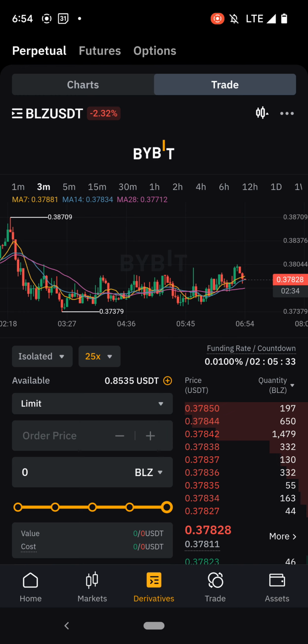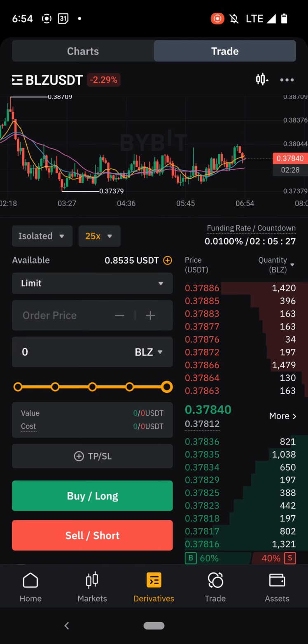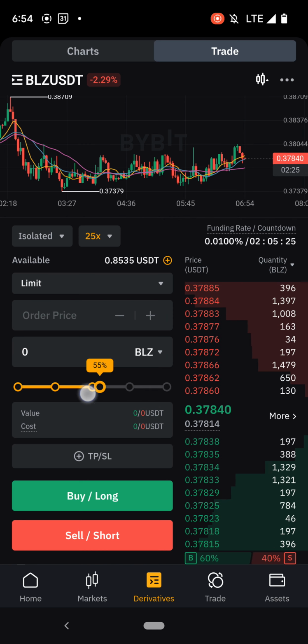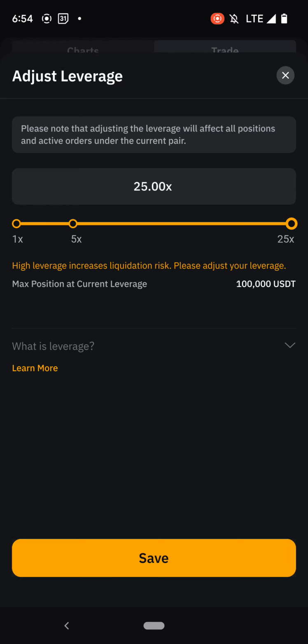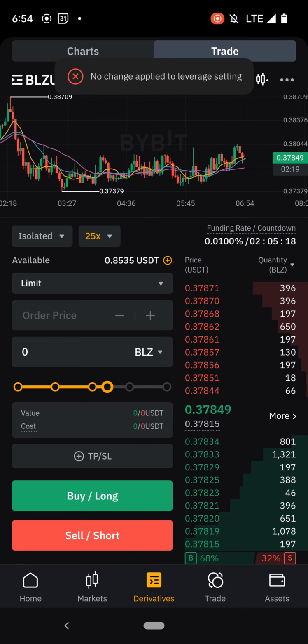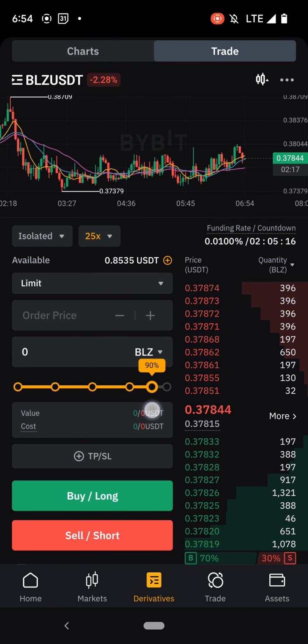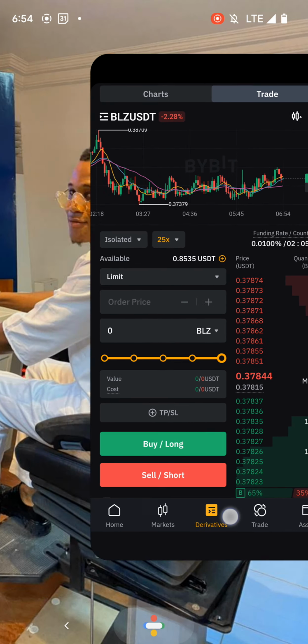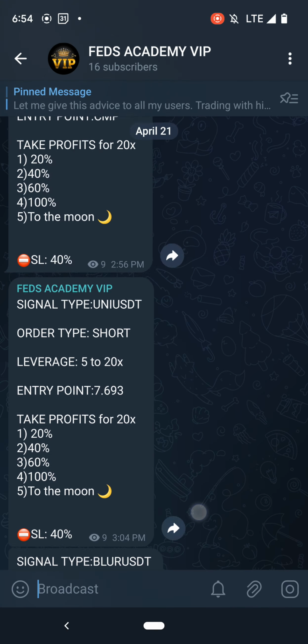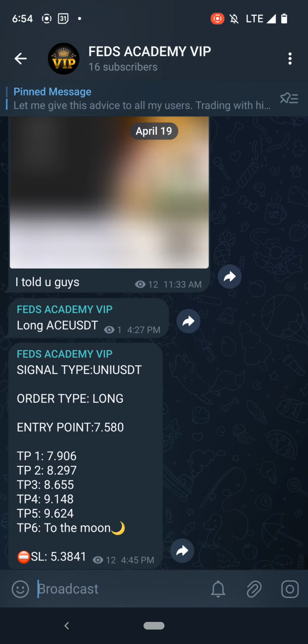Network is somehow very, very slow. I don't think BLUR 2, let me see. BLUR 2 cannot go. Let me just look for another signal that we can apply.